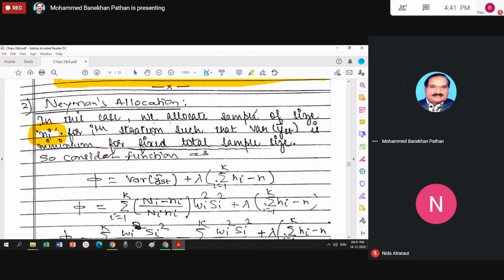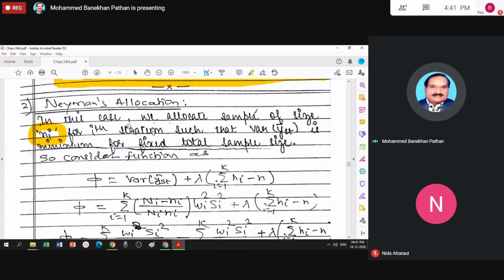How? Such that your variance of y bar st, where y bar st is nothing but the unbiased estimator of population mean under stratified random sampling, is minimum.